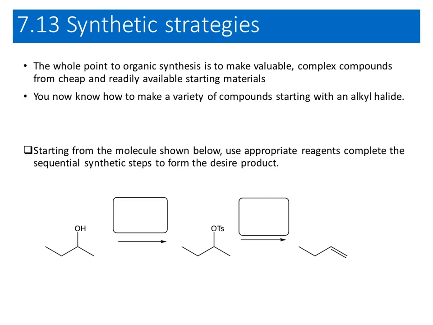There are a few types of synthesis problems that you can see in this class. So we are going to talk about one of them right now, and after we complete chapter 8 and 9, we are going to work on synthesis more. So in the first type, which is the sequential synthetic steps, we are going to take the substrate and convert it to the product.